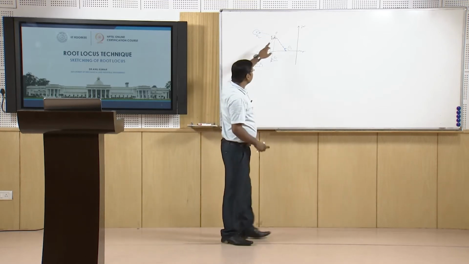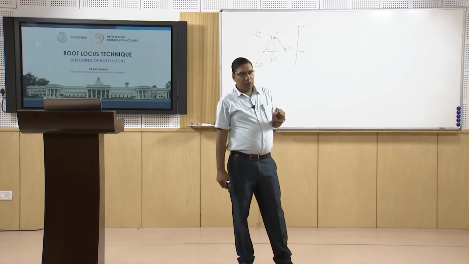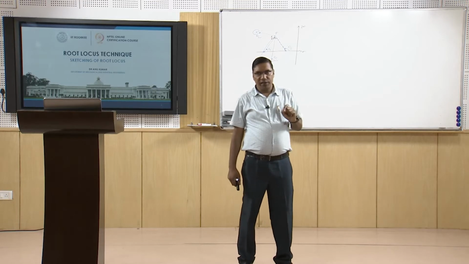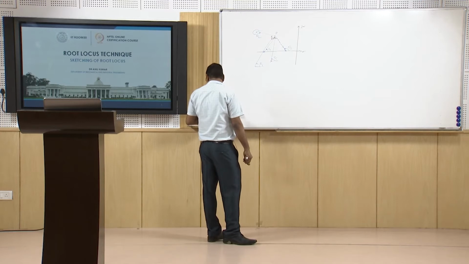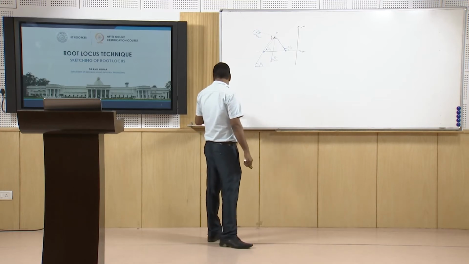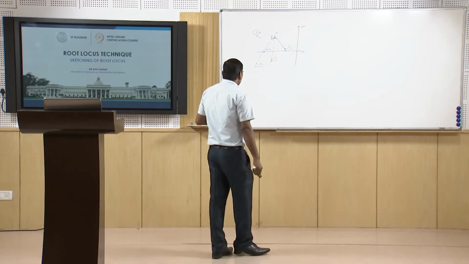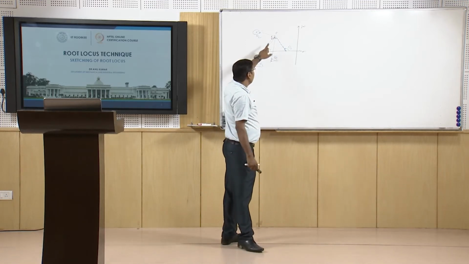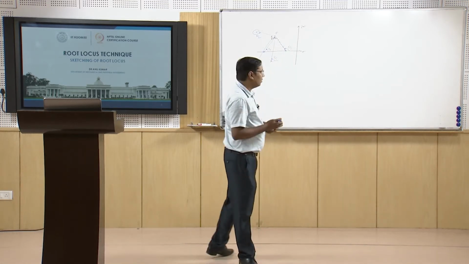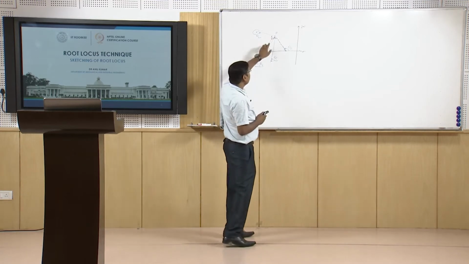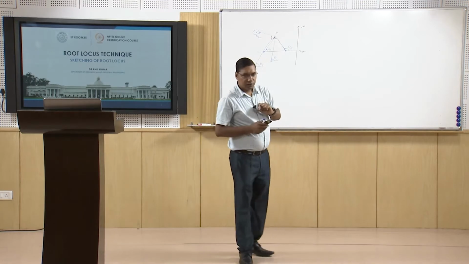If this point P is on the root locus, then it should satisfy the angle condition, that is, angle of zeros minus angle of poles equals an odd multiple of 180 degrees. Then we let epsilon tend to 0, and we will find theta 1, which is the angle of departure.